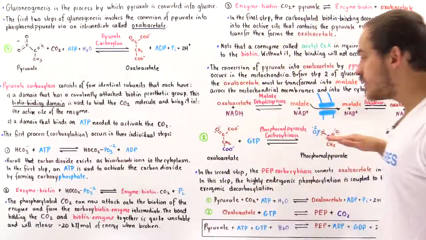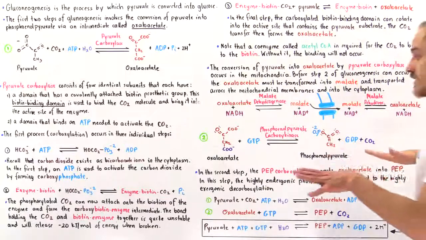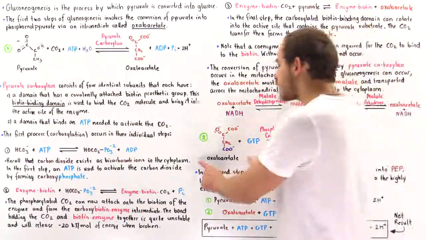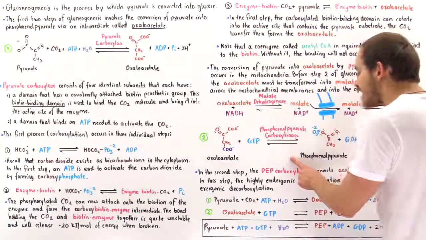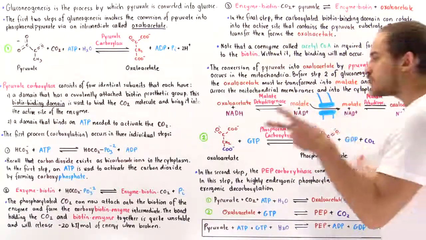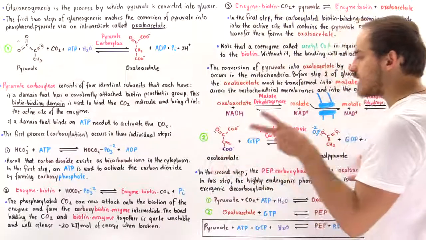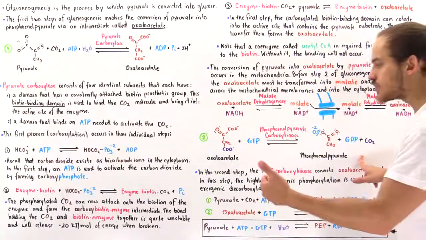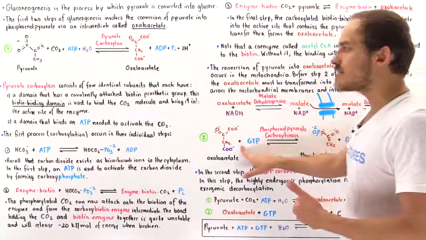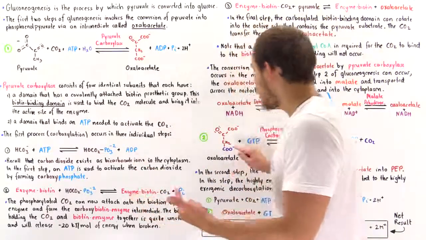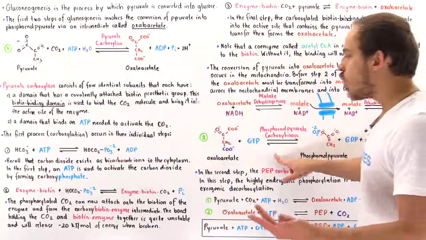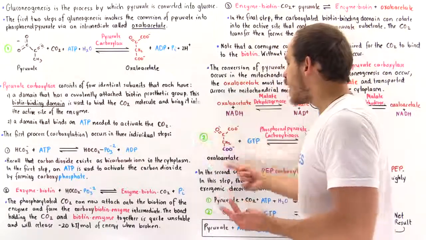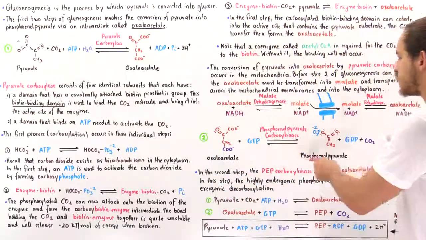And that's important in this step, because what happens in this step is this oxaloacetate is transformed into phosphoenolpyruvate. And in the process, there are two different things that take place. Number 1 is we undergo the process of decarboxylation, where this CO2 group is actually released. And number 2, we also phosphorylate this oxaloacetate into this molecule.